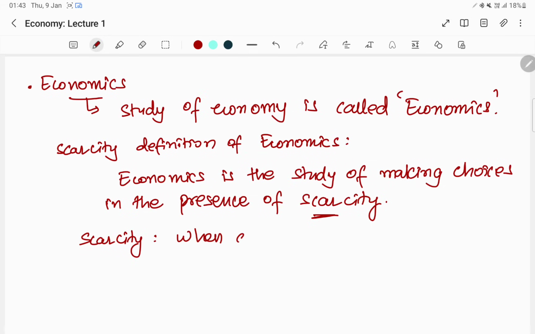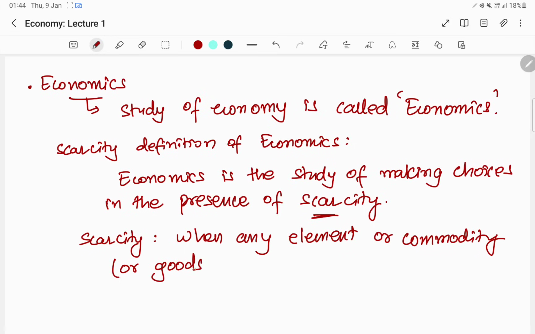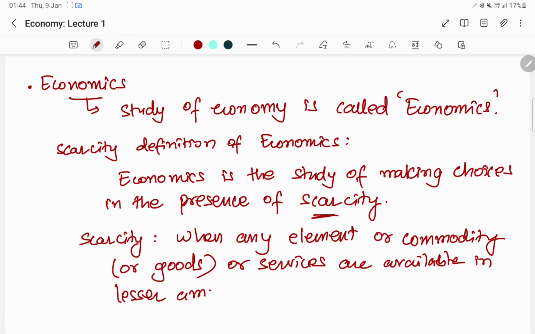When any element or commodity, for example goods, or maybe services as well, are available in a lesser amount than is needed, it is known as scarcity.